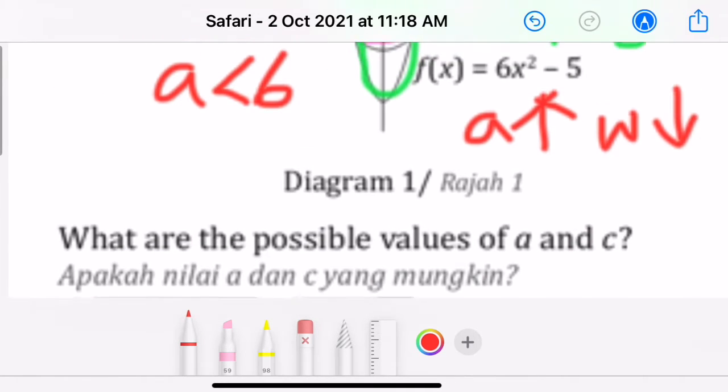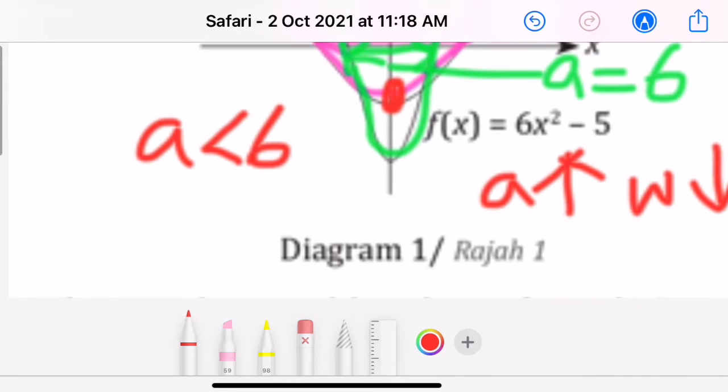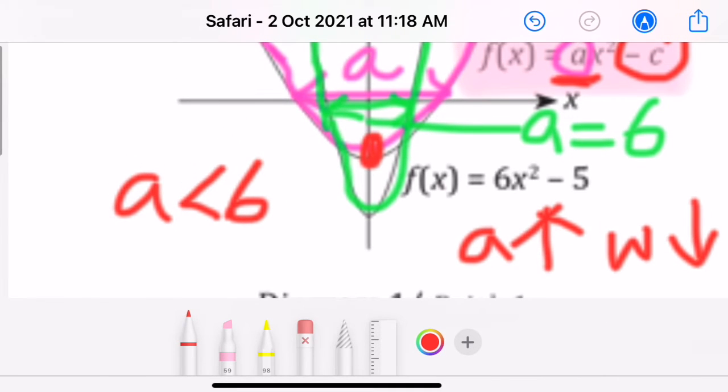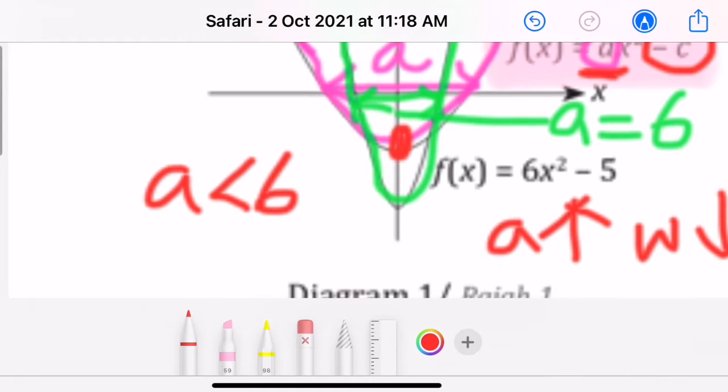Then we see the y-intercept. For c, it seems that it's here. c is where the graph cuts the y-axis. So it looks like it's negative, and this value here is -5.